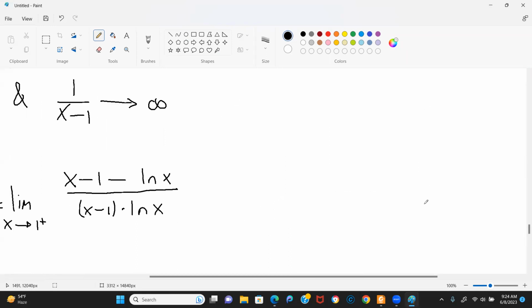You can see now when x goes to 1, in the numerator you get 1 minus 1 minus ln of 1, which is 0. So 0 minus 0, which is 0. So you get 0 in the numerator, and then you clearly get 0 in the denominator as well.